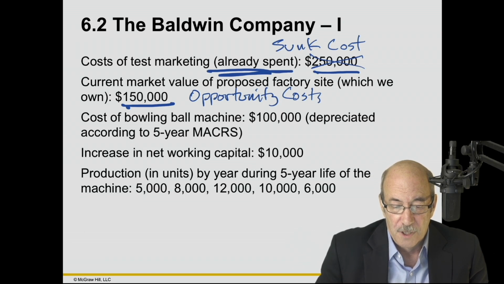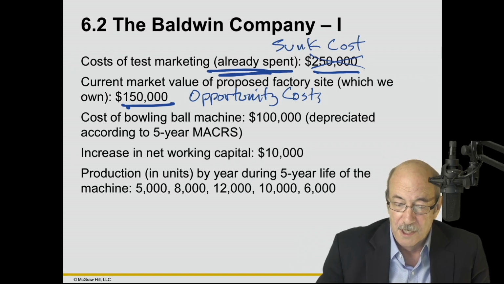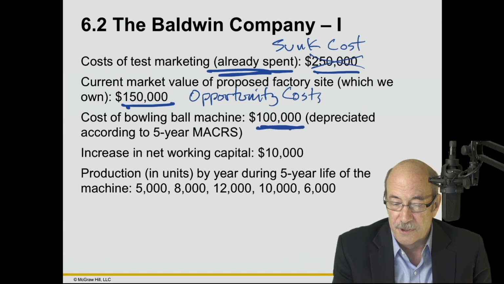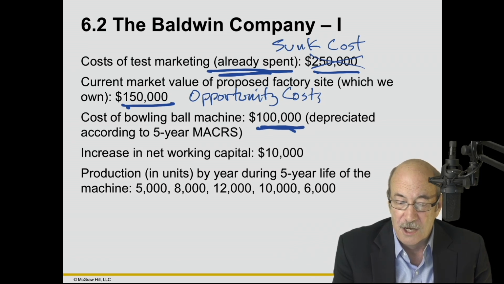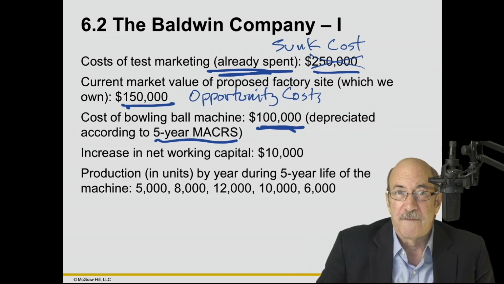All right. Apparently, Baldwin makes bowling balls, so they're going to be buying a bowling ball machine, and that is worth $100,000, and they're going to depreciate it using MACRS. That's the Modified Accelerated Cost Recovery System, and more on that in just a minute.